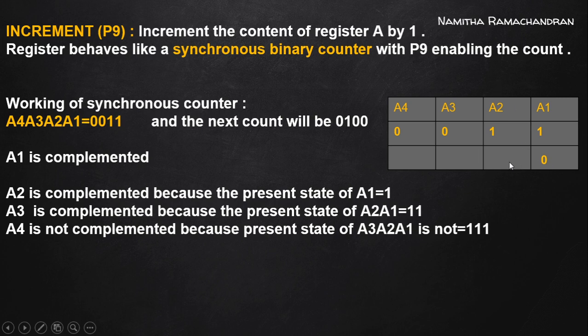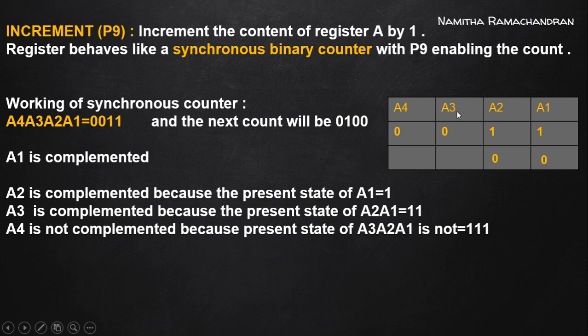Then for A2, the A2 value needs to be complemented only if in the present state, this is the next state and this is the present state, this A1 contains value 1, then we need to complement A2 in the next state. Here it is 1, and in the present state A1 has the value 1. So here we need to complement. Here it is 1, so its complemented value is 0.